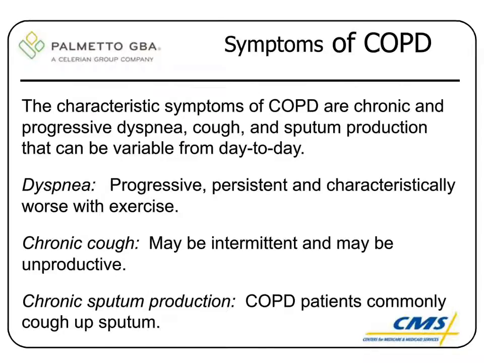The characteristic symptoms of COPD are chronic and progressive dyspnea, cough, and sputum production that can be variable from day to day. Dyspnea is progressive, persistent, and characteristically worse with exercise. Chronic cough may be intermittent and may be unproductive. Chronic sputum production: COPD patients commonly cough up sputum.